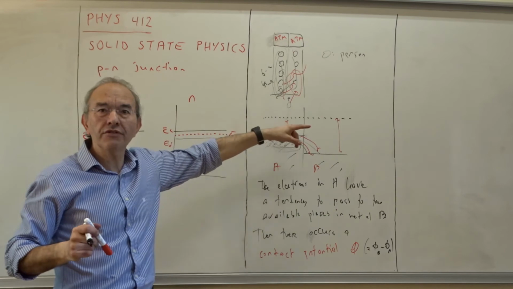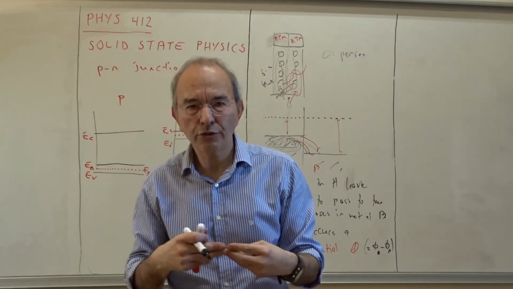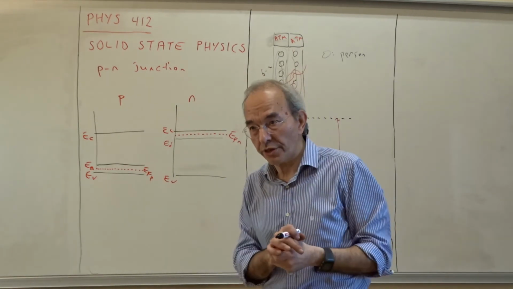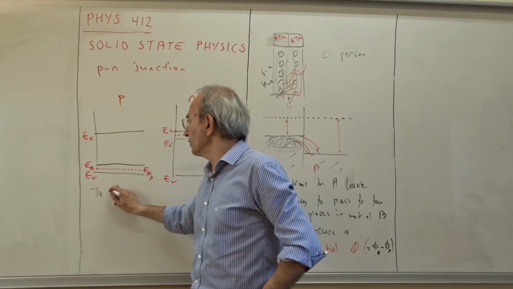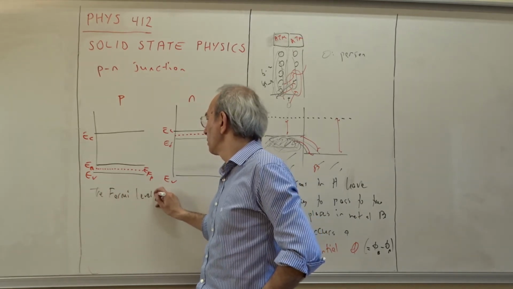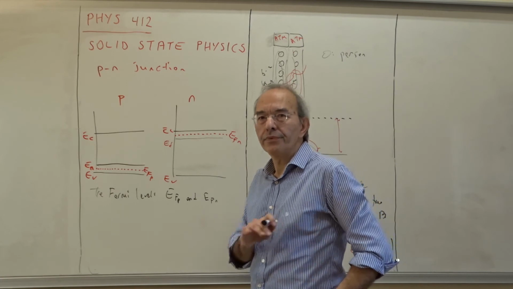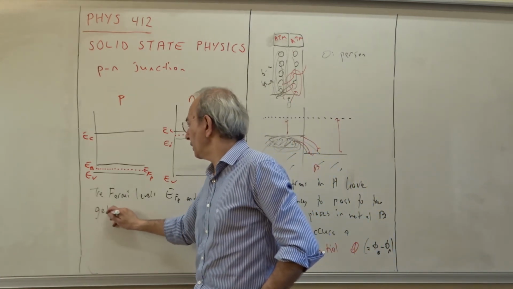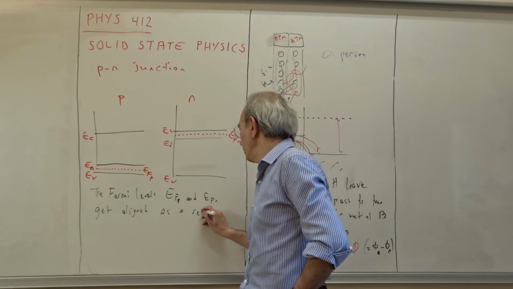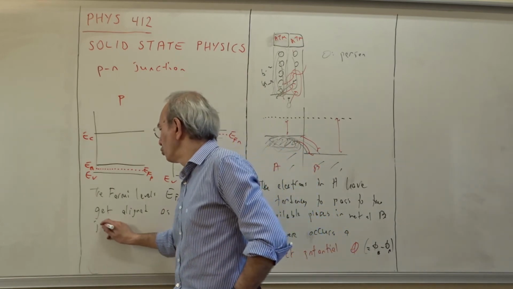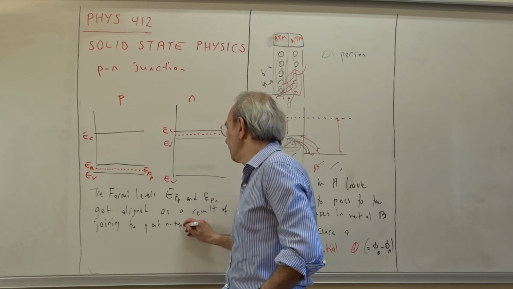But just like the two levels in the case of two dissimilar metals equalized as a result of the junction, here also the Fermi levels E_FP and E_FN get aligned as a result of joining the p and n-type materials.